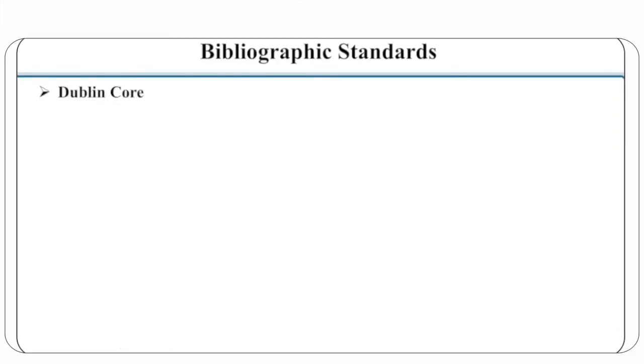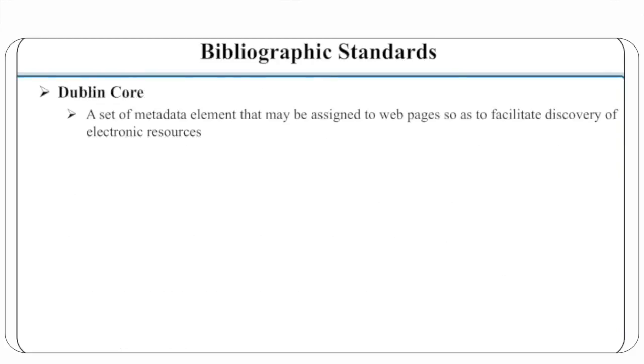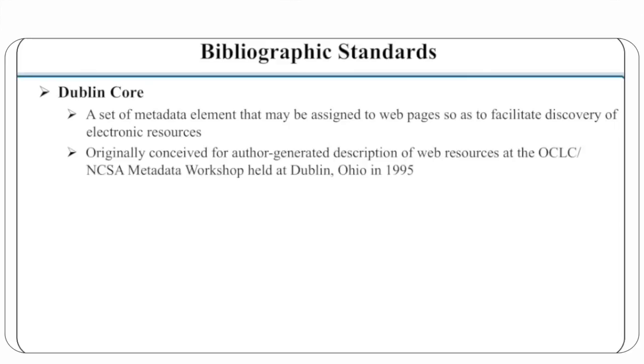On the other side, the Dublin Core refers to a set of metadata elements that may be assigned to web pages so as to facilitate discovery of electronic resources. The DC was originally conceived for author-generated description of web resources at the OCLC NCSA Metadata Workshop held at Dublin, Ohio in 1995.